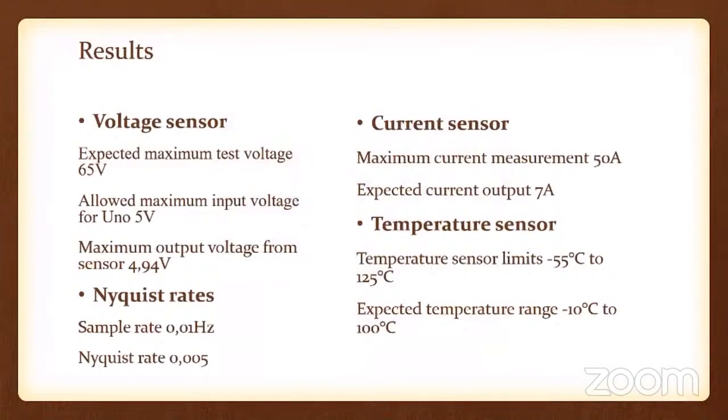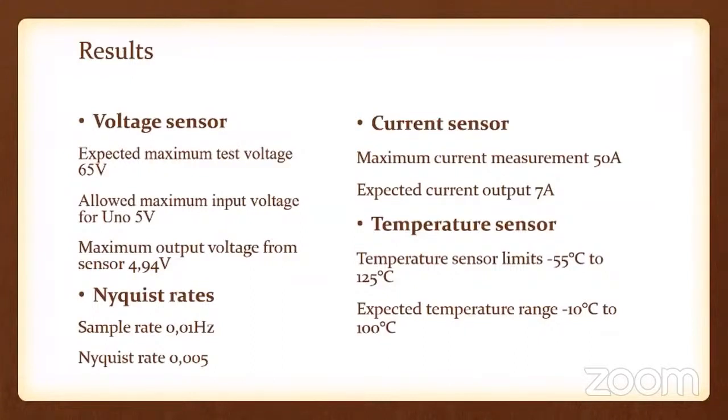The quantization error percentage of the voltage sensor was calculated to be 0.192%, and at the solar panel's maximum voltage output of 65 volts, the power consumption of the voltage sensor was calculated to be 14 milliwatts. More of the technical information is available in the paper, including a graph of power consumption versus voltage input.